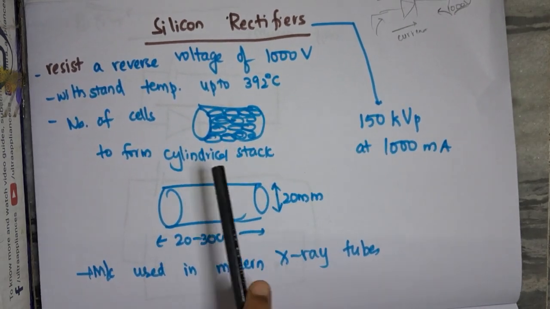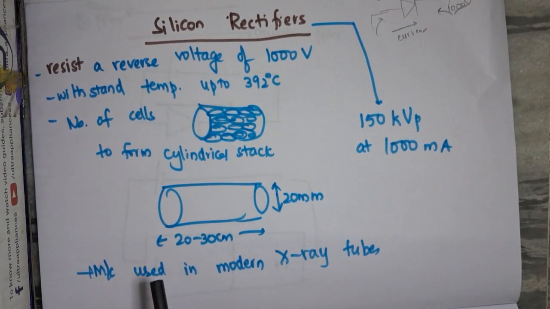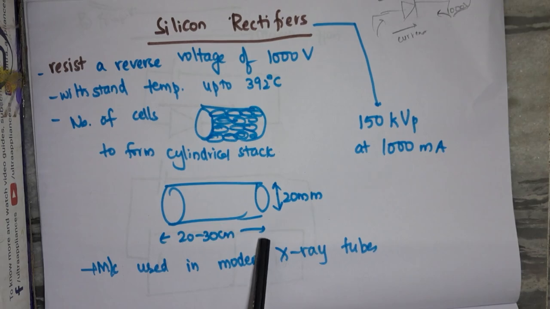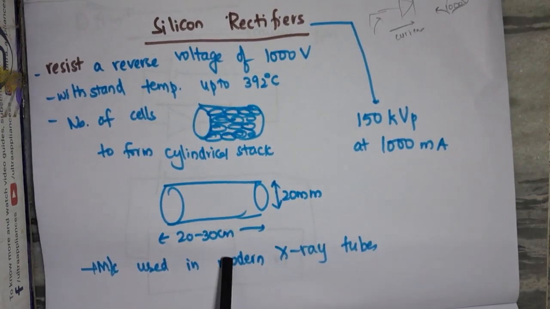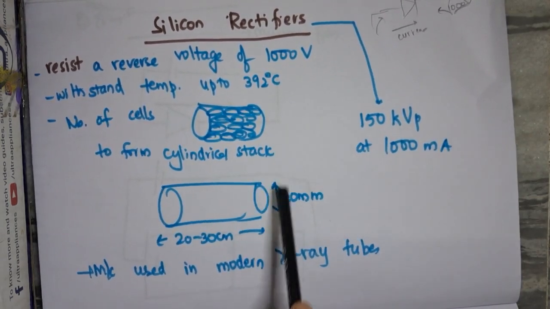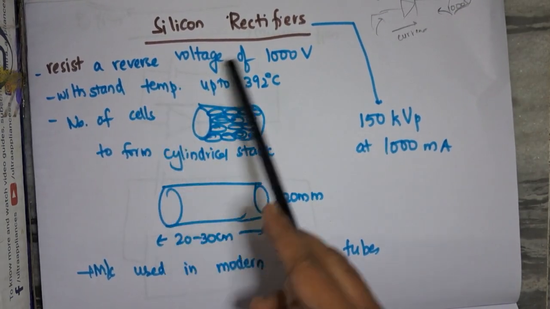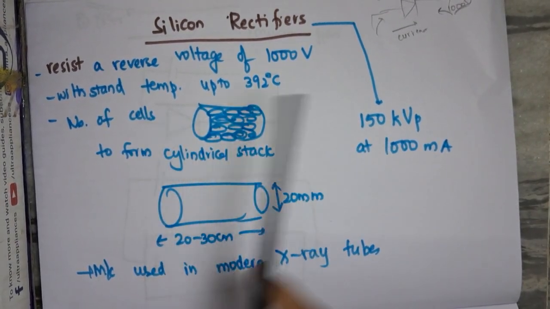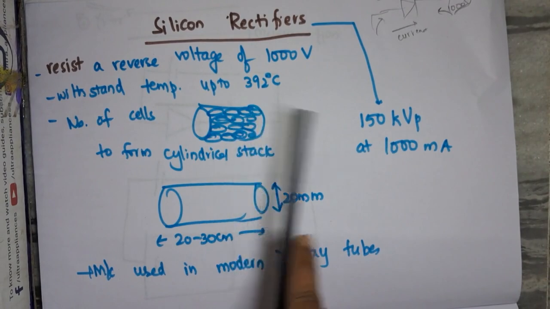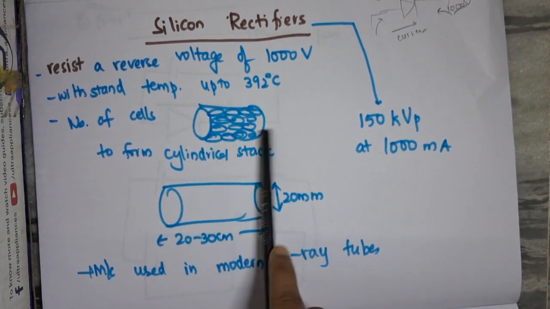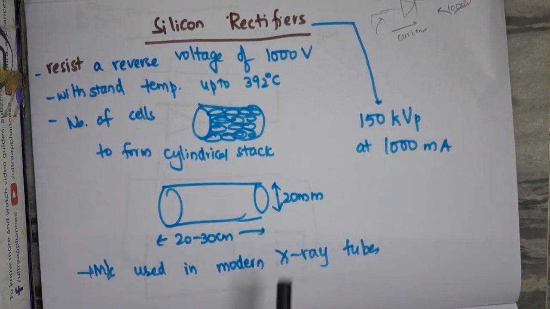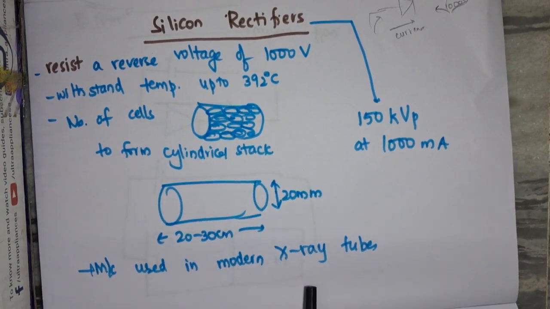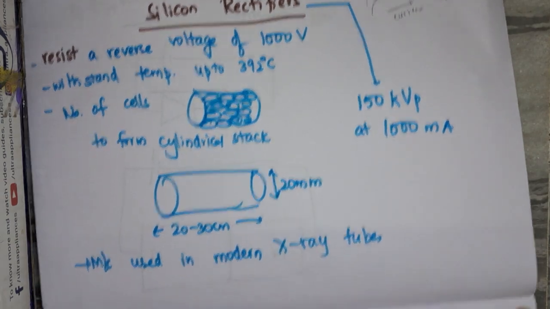This cylindrical stack has a length of around 20 to 30 centimeters and a diameter of around 20 millimeters. These silicon rectifiers are most commonly used in modern X-ray tubes or X-ray equipment.